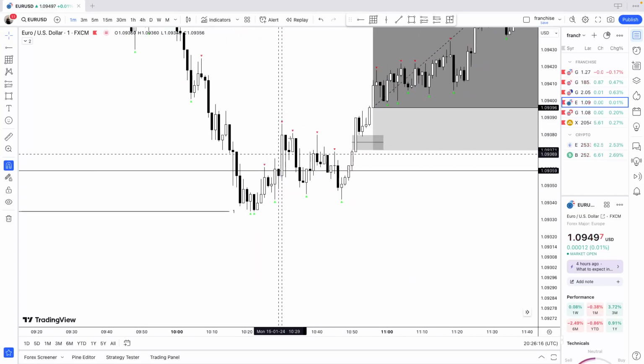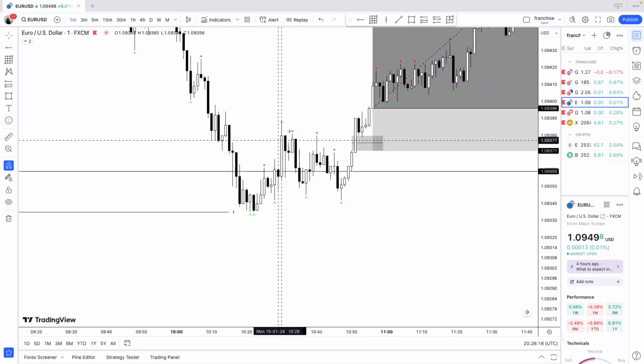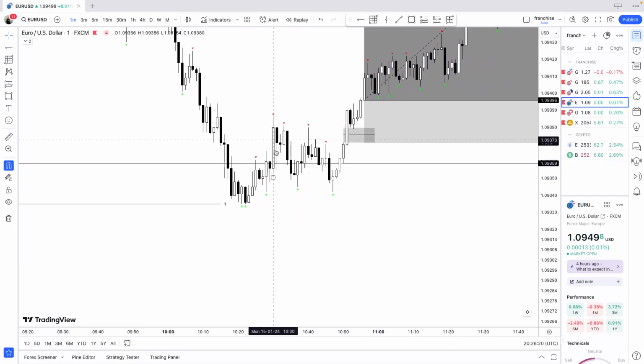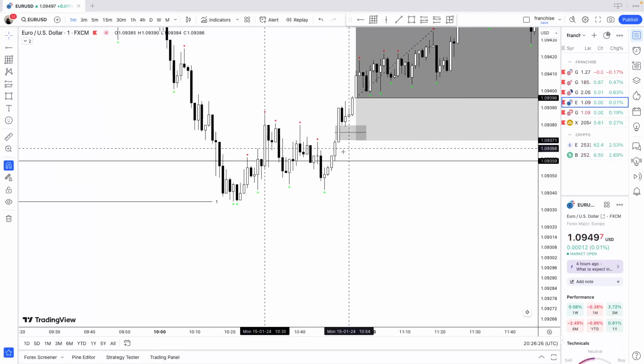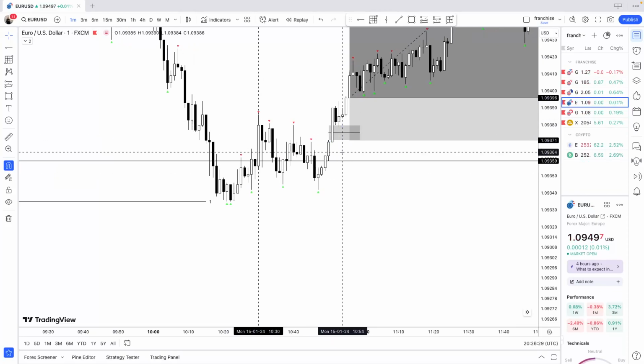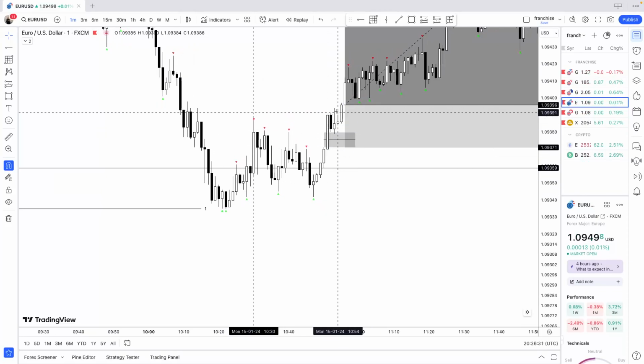As you can see, price broke structure but didn't leave a fair value gap behind. So we're waiting. Price breaks again here and again and again, and leaves behind this fair value gap. Price comes in, displaces out with this candle.